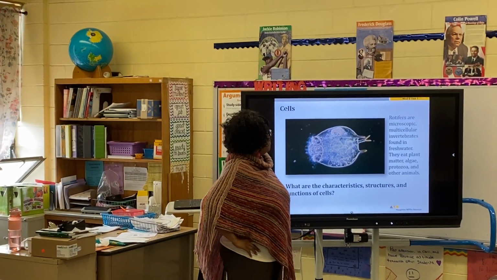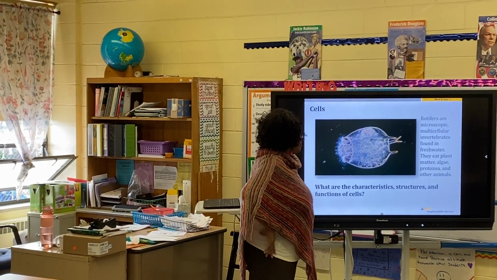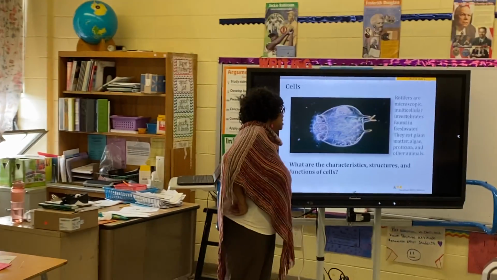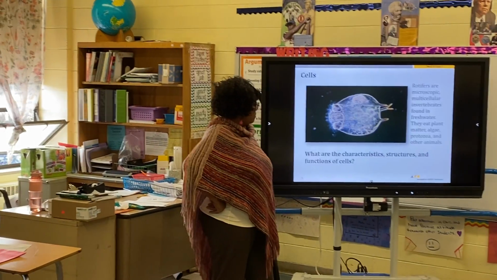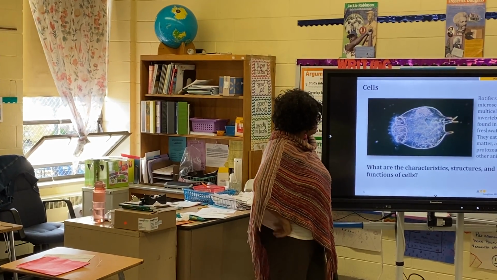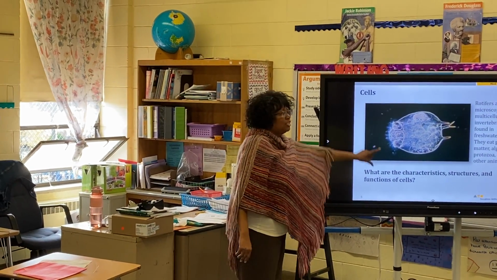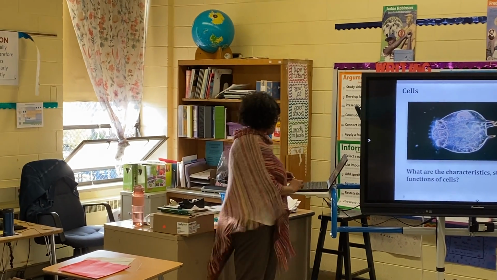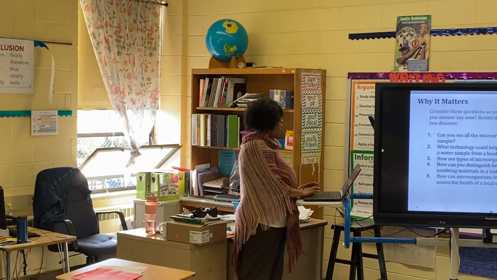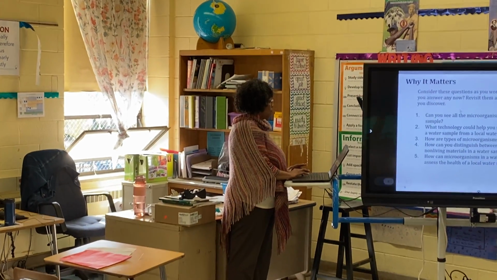Rotifers are microscopic, multicellular invertebrates found in fresh water. They eat plant matter, algae, protozoa, and other animals. So this is something that you can only see with a microscope. It looks like it's got a brain.